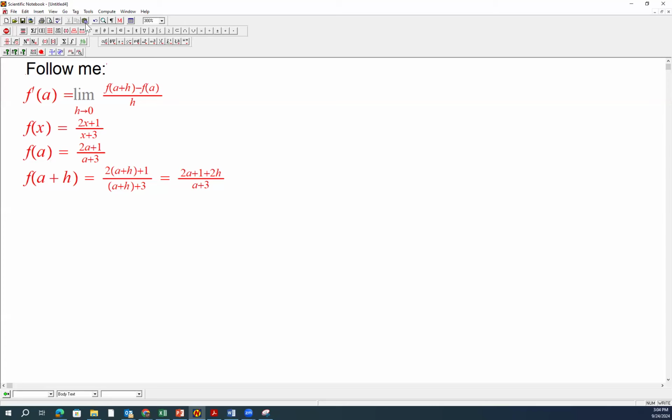It's optional to do this, but considering the fact that we have f of a like that, there might be some convenience that we can take advantage of. So that's what we got for f of a plus h. But you can stay the way it was.